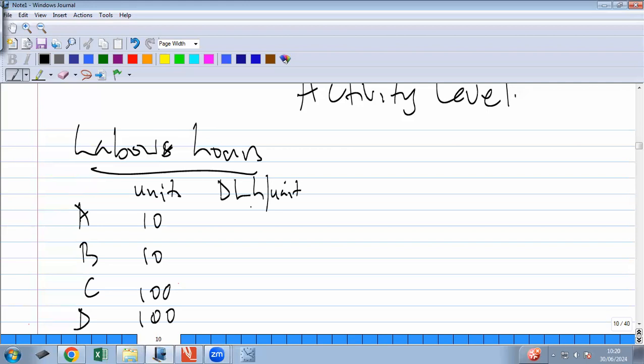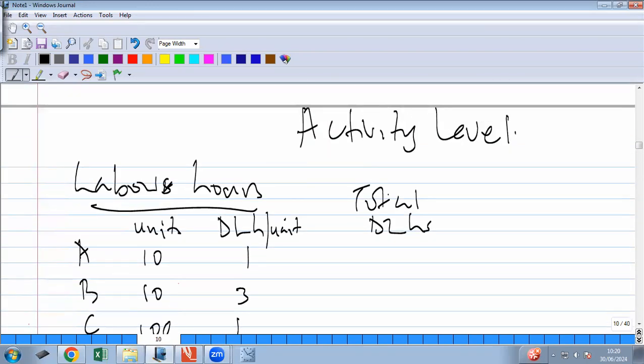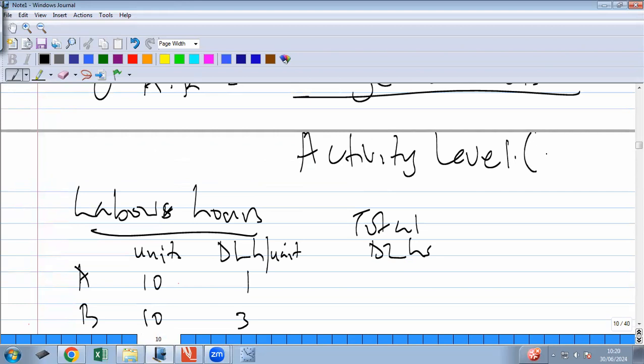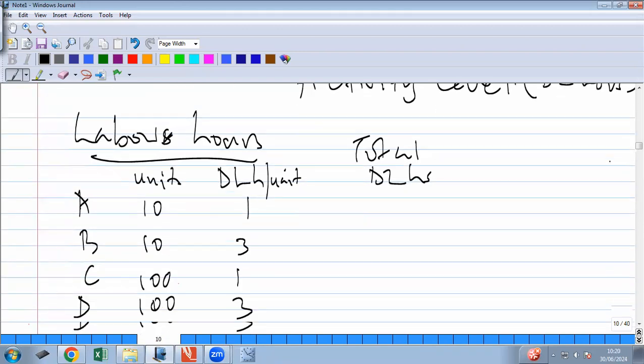We had 1, 3, 1, 3. That means I will now need my total direct labor hours, not direct labor cost, because our activity level here is direct labor hours as our cost driver. So you just need to find direct labor hours.